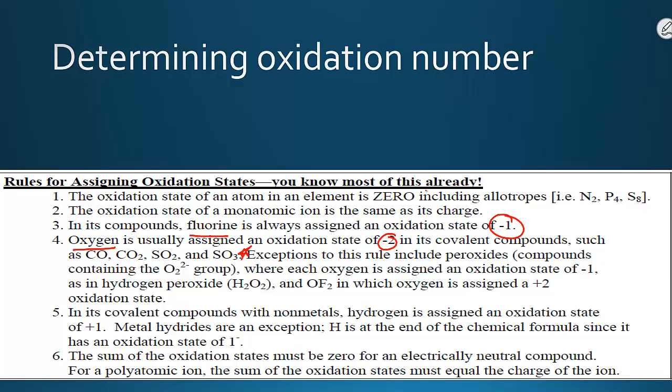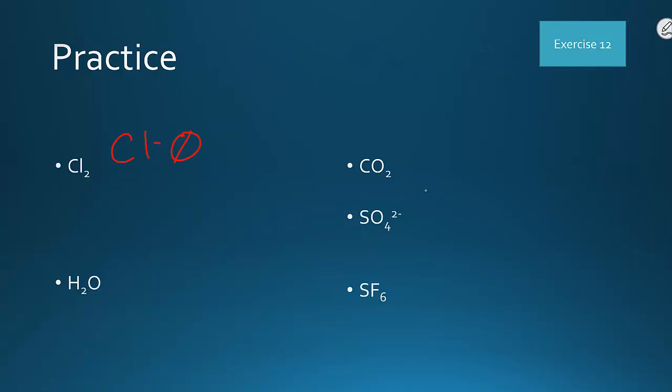Fluorine is always -1. So on exercise 12, the compound carbon dioxide is neutral, meaning overall the charges, the oxidation states, have to equal 0. If oxygen is always, or usually, -2, 2 oxygens means oxygen is contributing a -4.